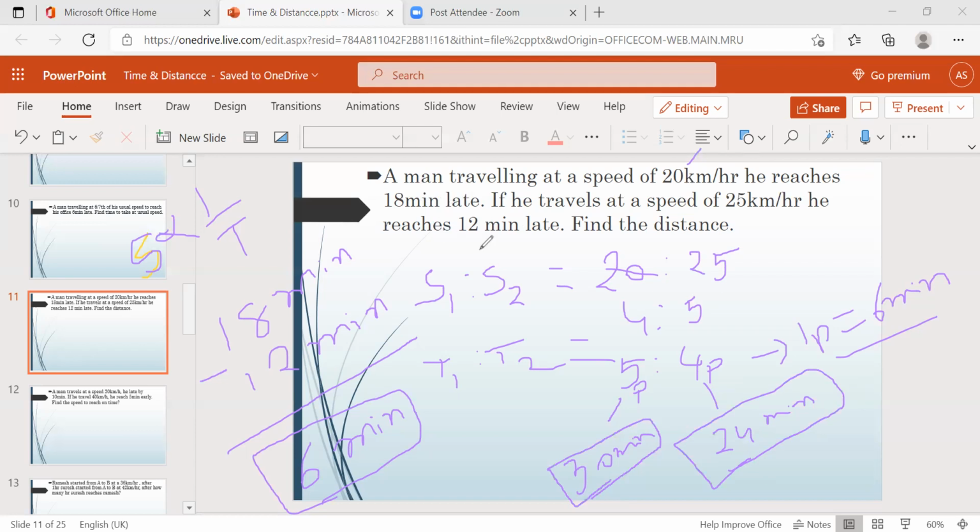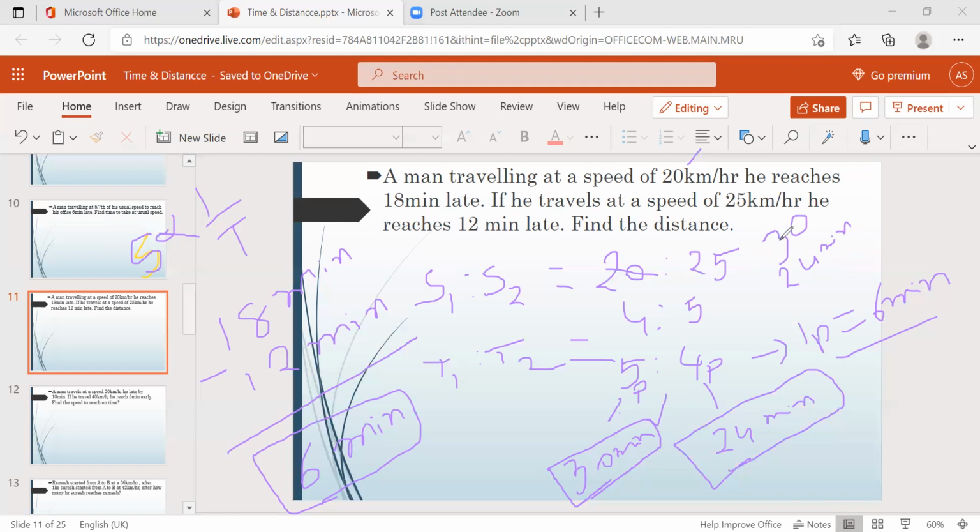Clear? Now, what's the time here? One part is known. What's the distance? They're asking for the distance, right? So we know the time, 30 minutes, and we know the speed. If he travels at 20 kilometers speed, he will reach in 30 minutes to the office. If he travels at 25 kilometers speed, he will reach in 24 minutes. But they didn't ask for the actual time.